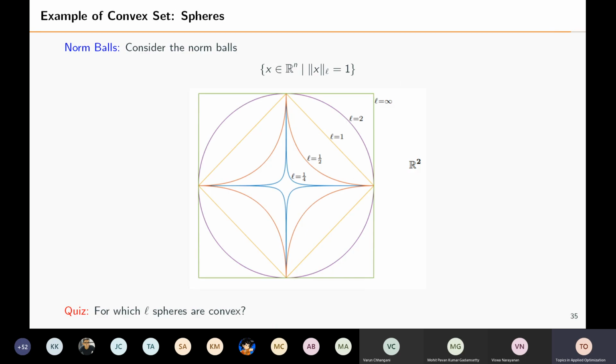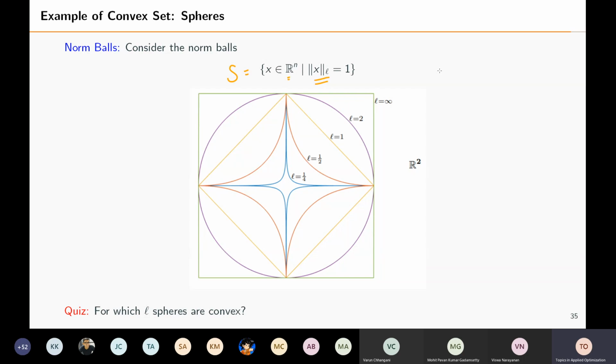Now let us consider some other set, though whether it is convex or not, I don't know. Let us consider the set of all x in Rn such that the L norm is 1.